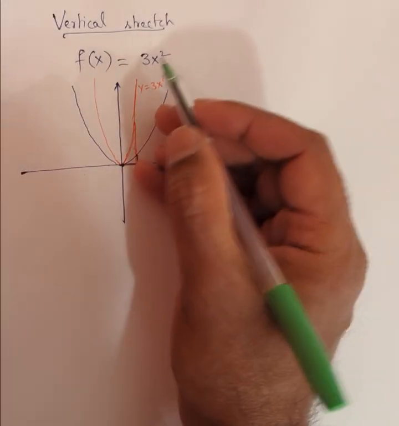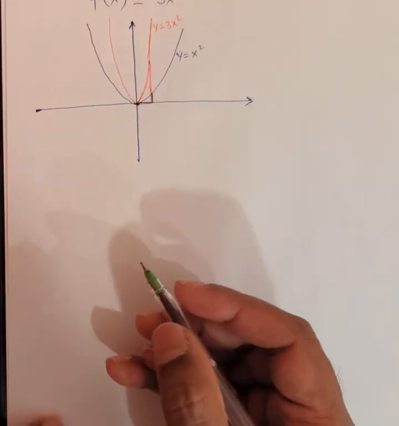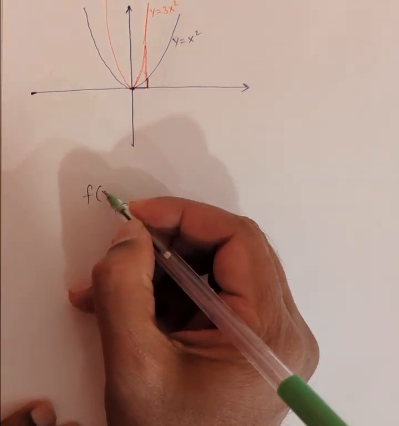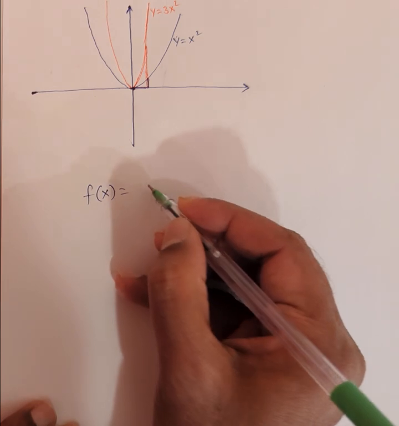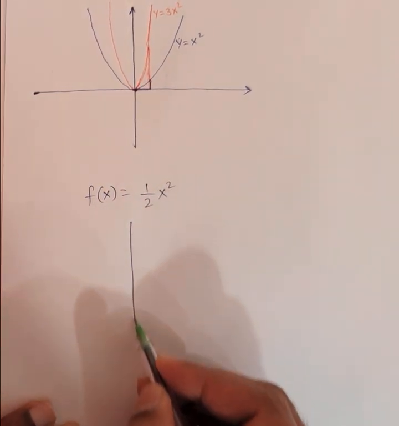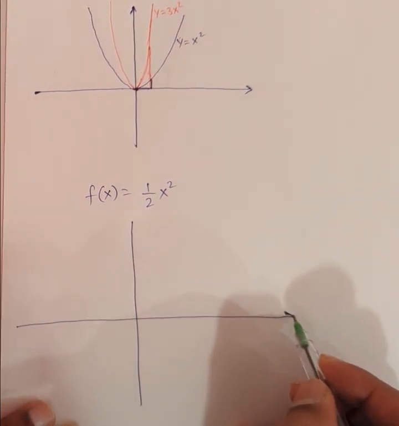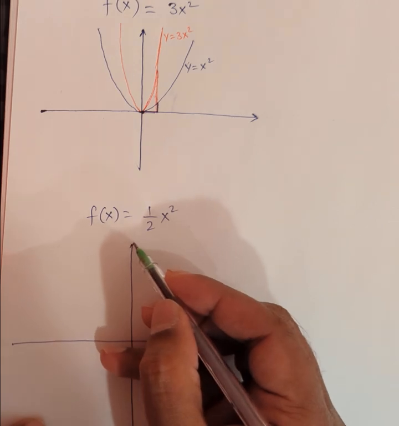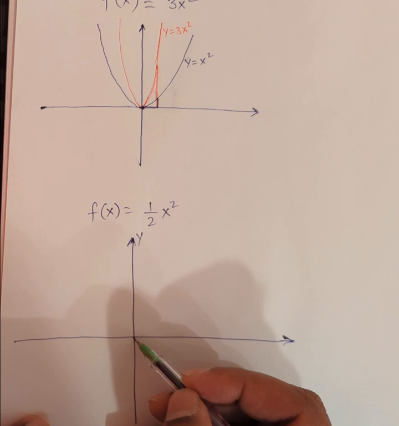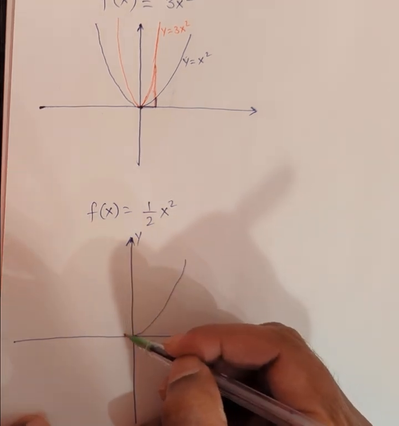Now, if the stretch factor is less than 1, like say half, let's draw the graph of that as well. If I want to draw f of x equals half x square, it will stretch by a factor of half, which means it moves away from the y-axis. So let's draw the graphs of both y equals x square and y equals half x square.